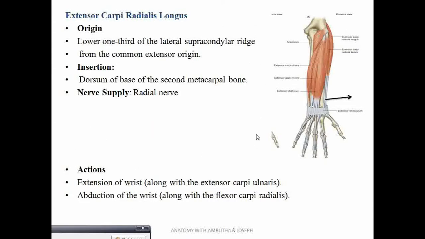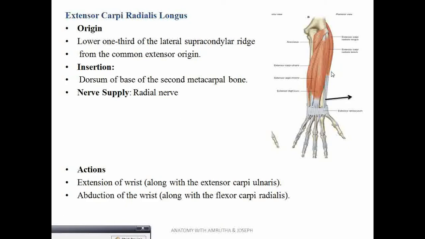Extensor carpi radialis longus originates from the lower 1/3 of the lateral supracondylar ridge, the upper 2/3 being for brachioradialis, and from the common extensor origin.